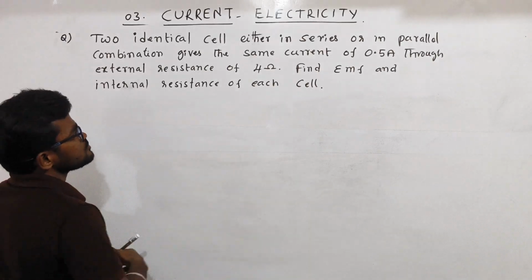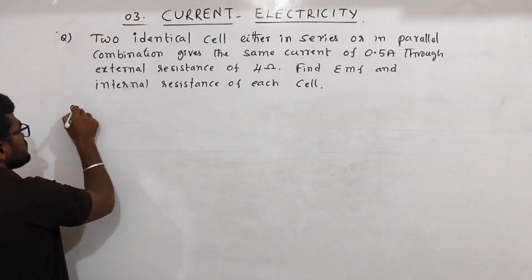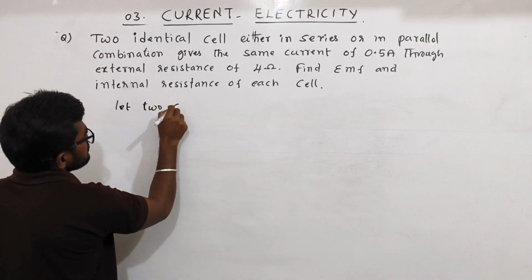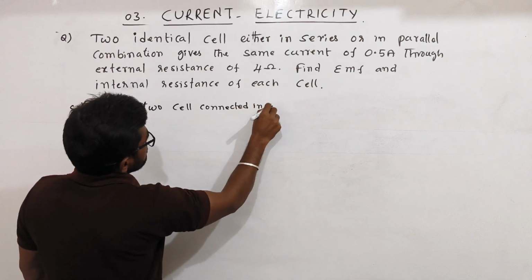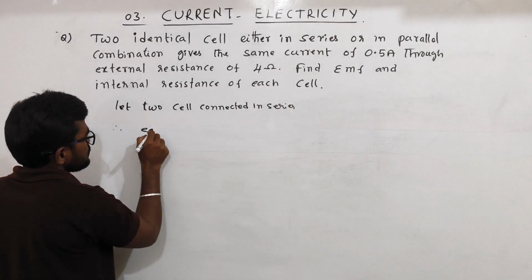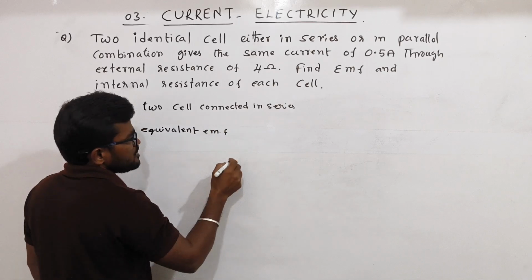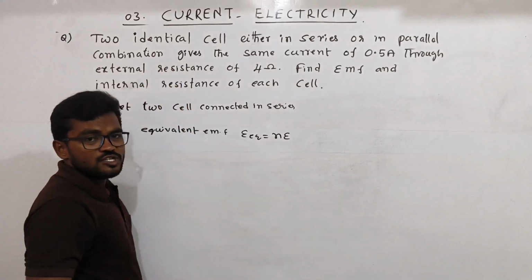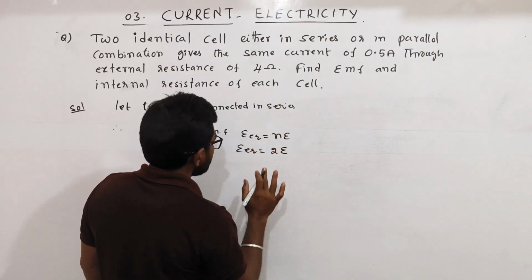So let us consider the first situation. There are two identical cells either in series or parallel. If those two cells are connected in series, therefore the equivalent EMF of the combination, E equivalent, is equal to N into E. There are two cells, so E equivalent is equal to 2E, where N is the number of cells.